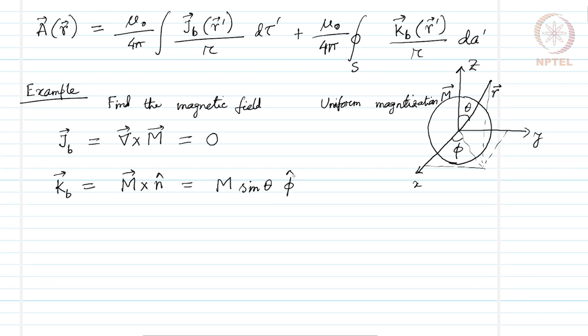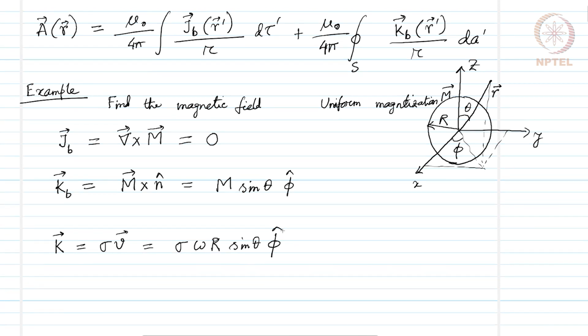Now a rotating spherical shell of uniform surface charge density sigma corresponds to a surface current density. So if we consider that the spherical shell is rotating about the z axis, and if the spherical shell has a uniform surface charge density sigma, then sigma v would be the surface current density, which is nothing but sigma omega R, capital R is the radius of the sphere that we are considering here, times sine theta phi cap, because phi cap is the direction of the velocity.